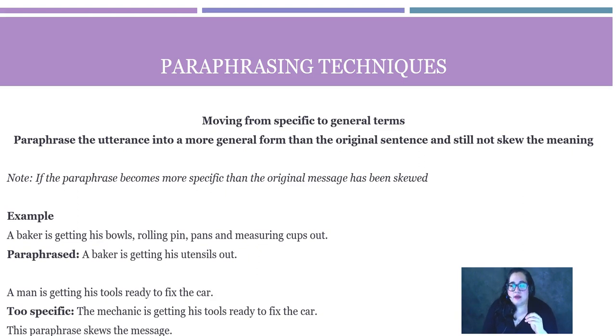Paraphrasing from specific to general terms, I have to tell you, is a really great tool to have, because it can get you out of a bind. If you're not sure of how to convey information, be it because you don't have the right vocabulary or you're just not getting through, you're not being understood, whatever the reason behind it, or if the information is coming too fast at you, it's better to be generally correct than specifically wrong.